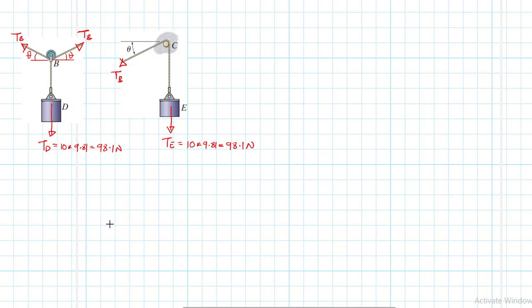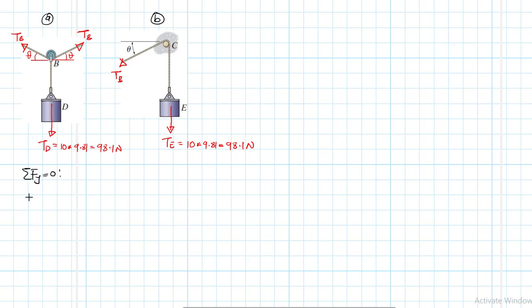All right. So I have free body diagram A and free body diagram B. Of course, I will start with free body diagram A and apply the equations of equilibrium. So we know that the summation of forces in y equals 0.